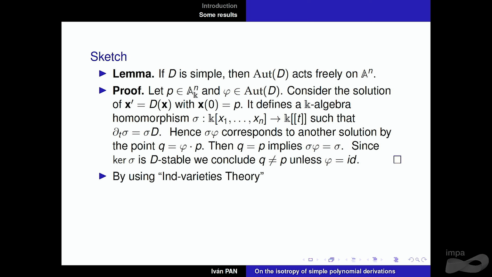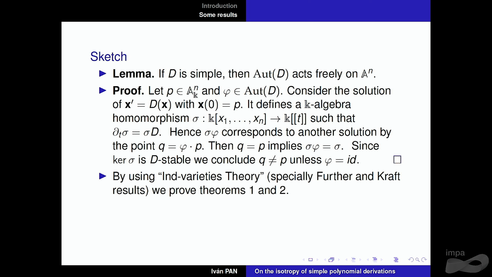Now, excuse me, let me see. Okay, right. By using invariant theory, especially Fauntleroy and Kraft results, there is a book where they develop the invariant theory for this type of groups which are in varieties. Okay?